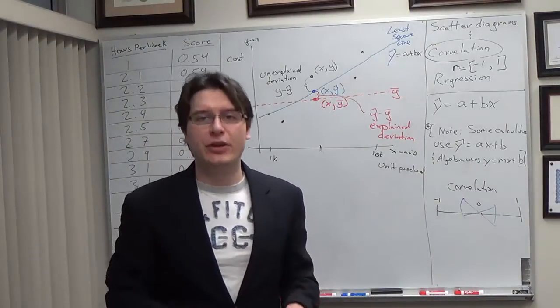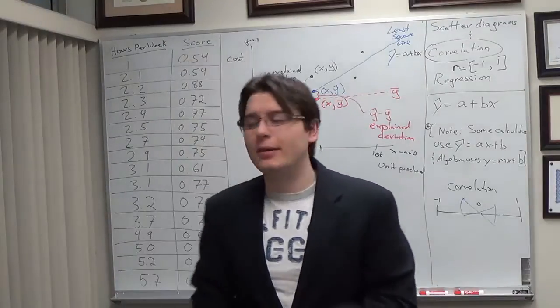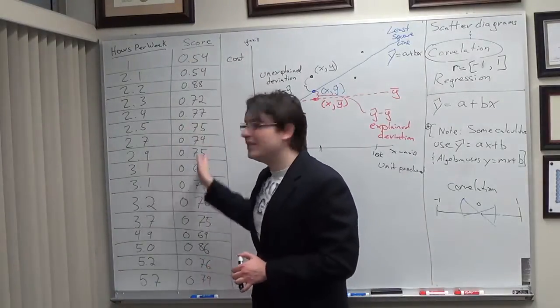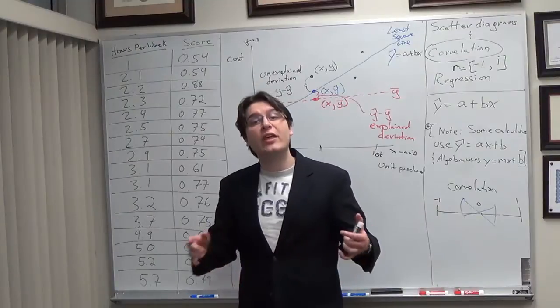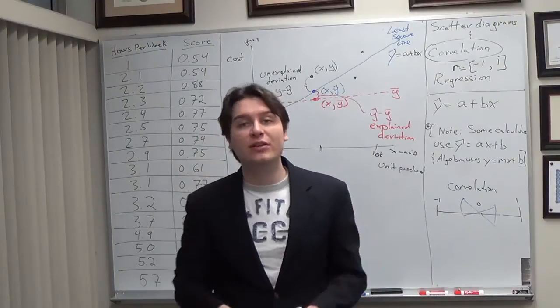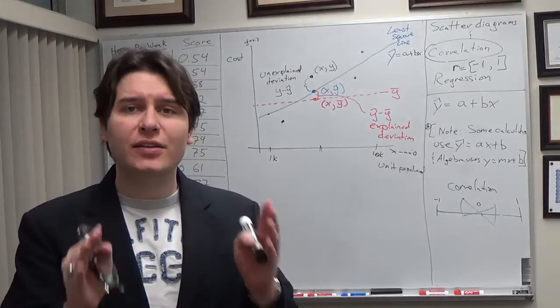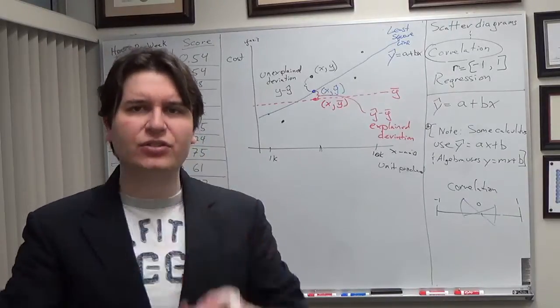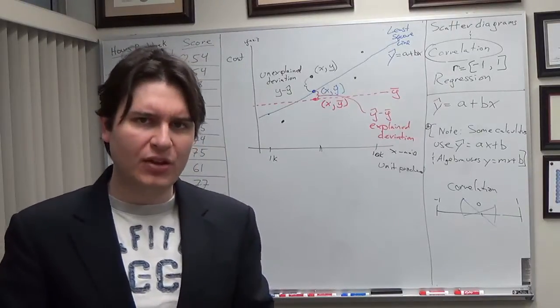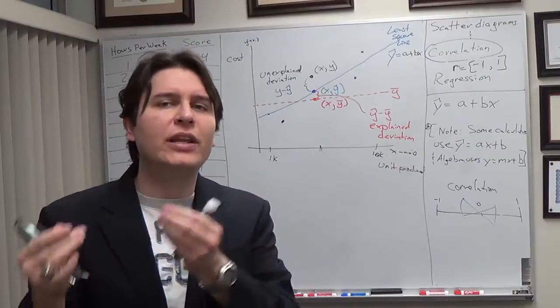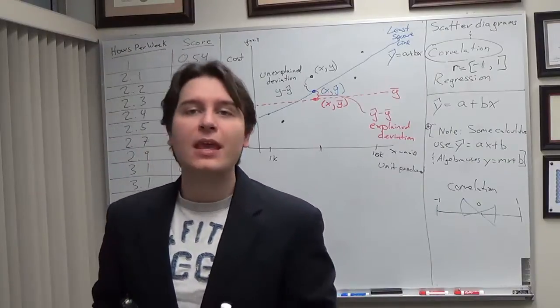So here's what we're faced with. Sometimes we're given lists of numbers. And then when we have more than one list of numbers, we've got a choice to make. We have to decide, does it make sense to put these two lists together and talk about them in relationship with each other?